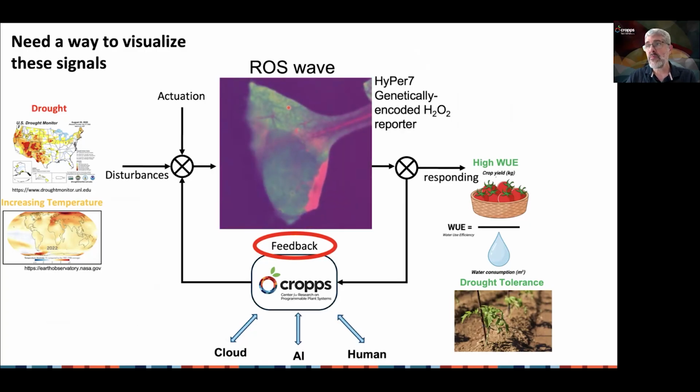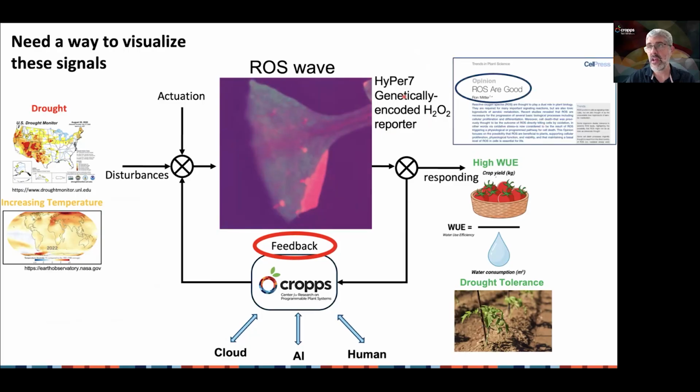In addition to calcium, reactive oxygen species has been shown to be a very important part of long-distance signaling in plants, and we have a genetically encoded hydrogen peroxide reporter called HyPer7. It's been shown by other groups that the level of hydrogen peroxide needed to induce this long-distance signaling is not cytotoxic. It's a physiological level that has been shown to play a role in signaling in cellular systems.